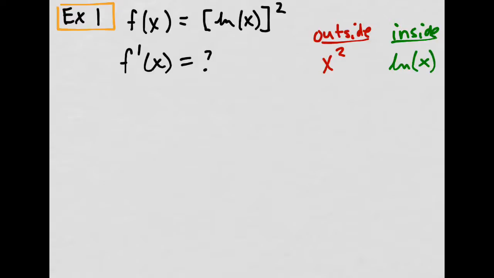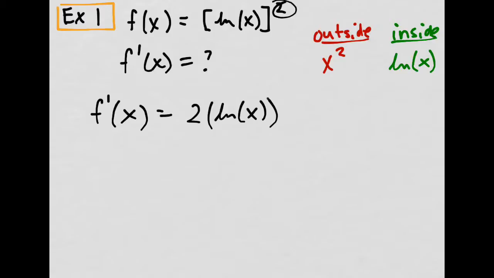So, how do I do this? Well, I take the derivative of the outside. How do I take the derivative of x squared? Use the power rule. So f prime of x will be the derivative of the outside with the inside the same. That means I'm going to take the 2, bring it out front. The inside stays as the natural log of x.